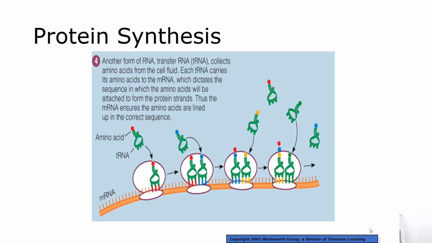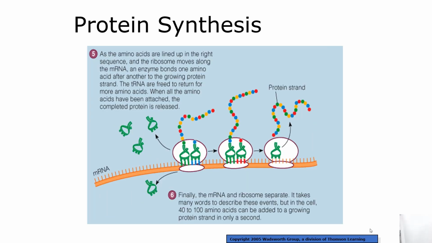Now, as the amino acids are lined up in the right sequence, the ribosome moves along the mRNA. An enzyme bonds one amino acid after another to the growing protein strand, and the tRNA are free to return for more amino acids.